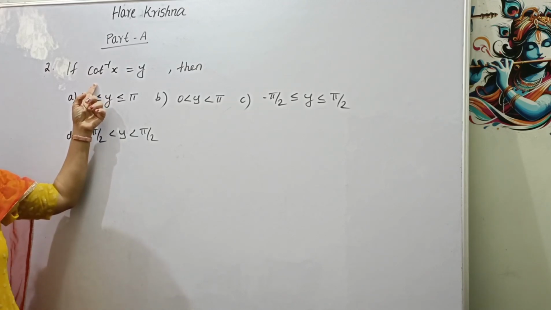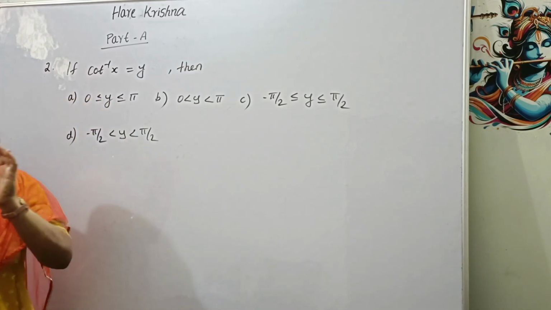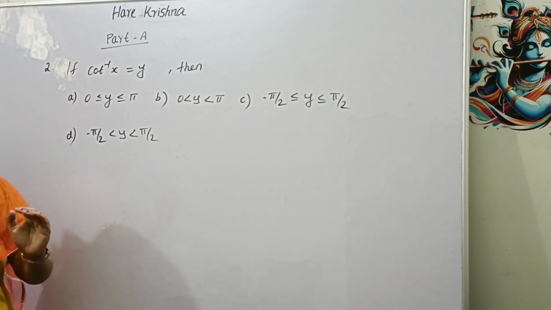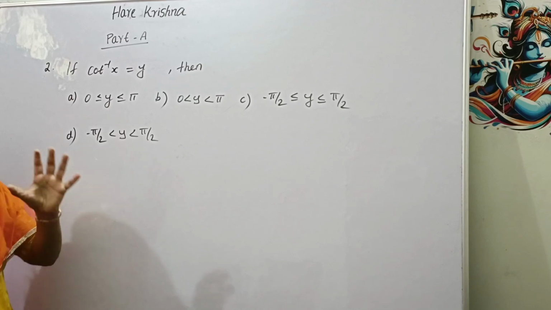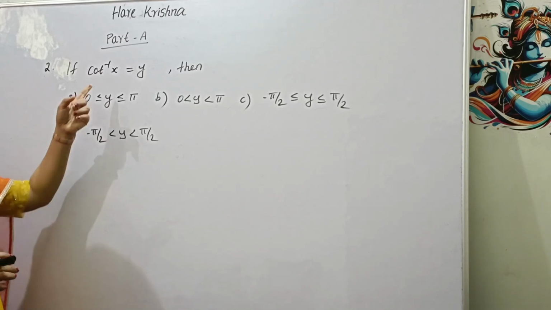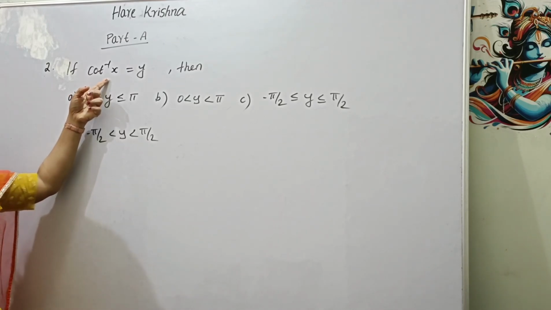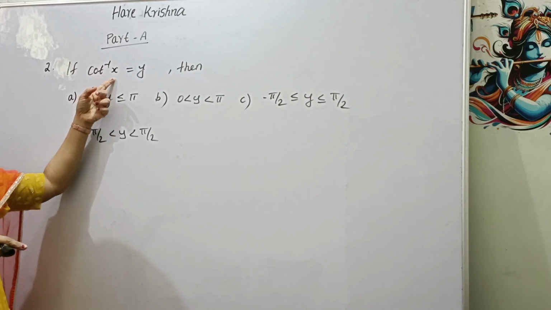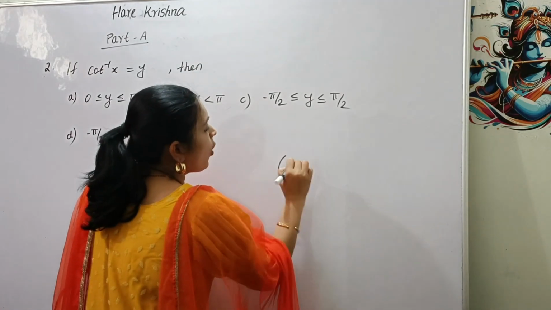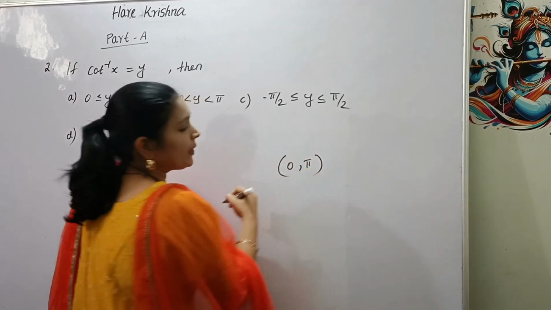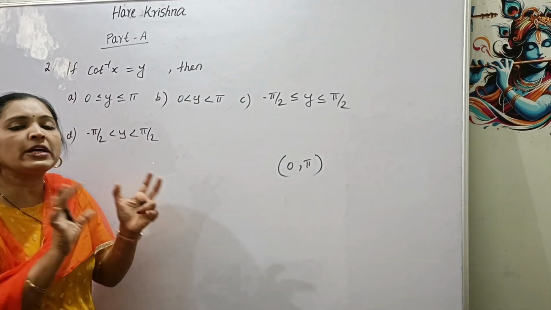It's very important: the domain and range of inverse trigonometric functions. You have to study it. Take a paper, write and study. We know that the range of the cot inverse function is the open interval 0 to π.